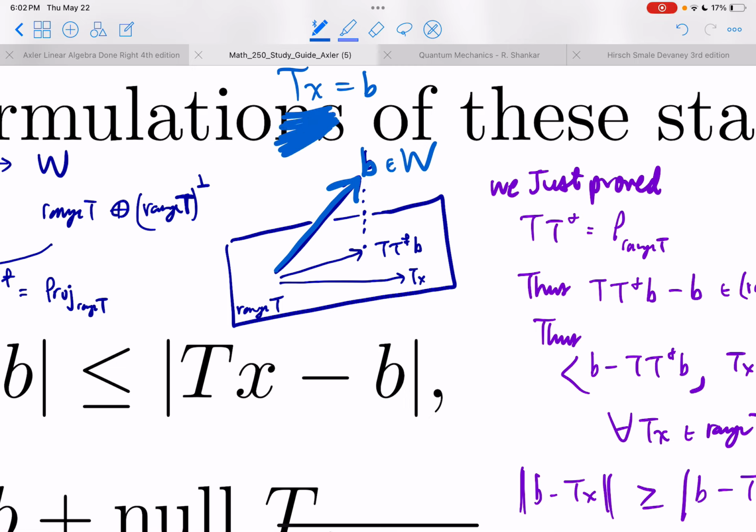Now, even if there's no solution, in other words, if the range is down here and b is outside of the range, that means that there's no solution. There is no Tx that equals b. But even in that case, of all the Tx's in the range, which one is the best? Well, the claim is it's this one.